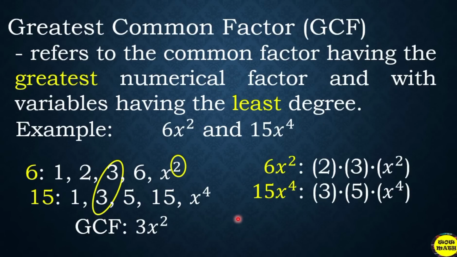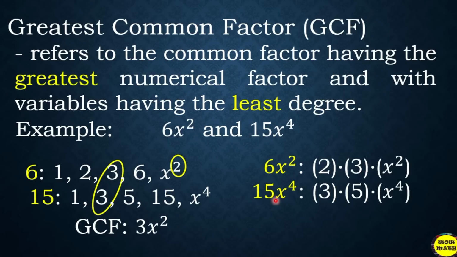Okay. Another way is by prime factorization, no? So, ito pwede rin ito. Pero ang ilalagay lang natin ay yung mga prime numbers. Okay? So, this is another way, ha? Ito, nilista mo lahat ng factors niya. Ito, ang gagawin mo dito naman, ilalagay mo lang yung factors niya na prime. So, kagaya nito, ang factors ni 6 ay 2 times 3.